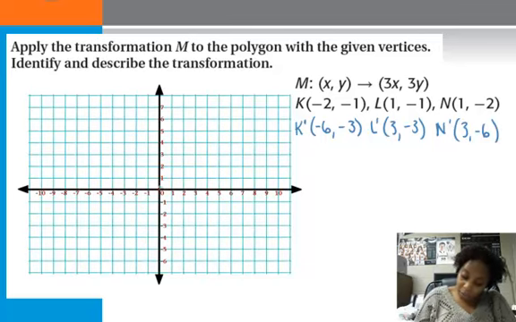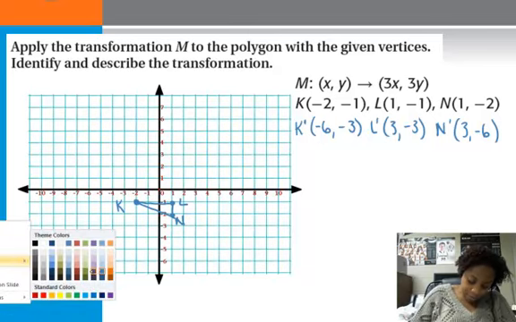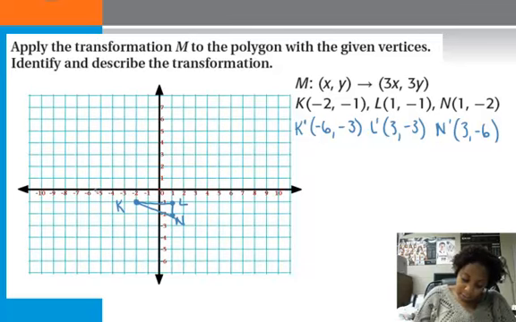So let's plot our original points. Negative 2, negative 1. 1, negative 1. And 1, negative 2. So there is our original. I should label this K, L, and N. And then our new one is negative 6, negative 3, K prime, 3, negative 3, L prime, and 3, negative 6, N prime.